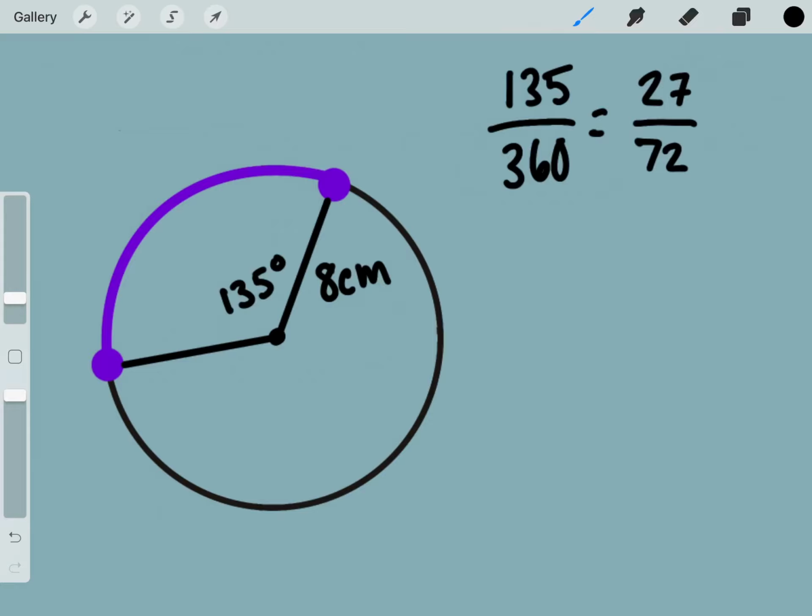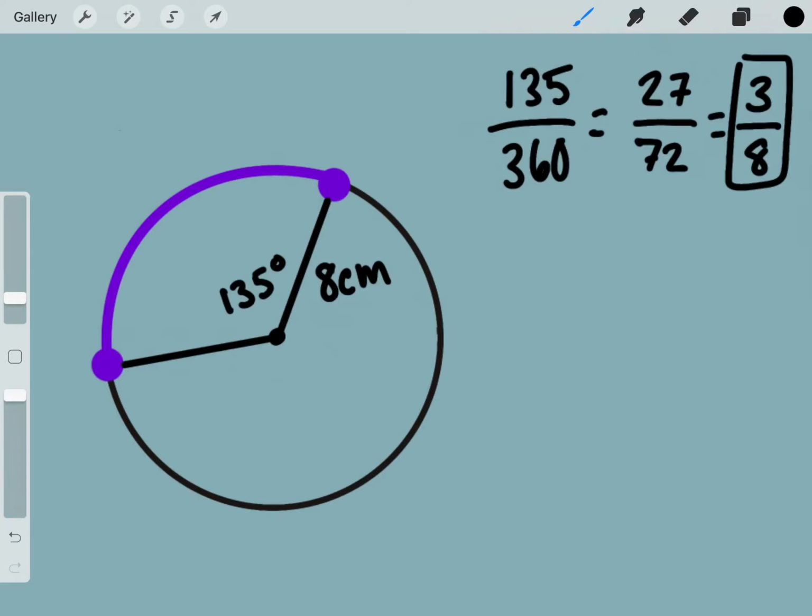And then I realize that that's actually not the fully simplified answer, because I know 27 and 72 are both divisible by 9. So 27 divided by 9 is 3, and 72 divided by 9 is 8. So this 135 degrees is 3/8 of a circle.